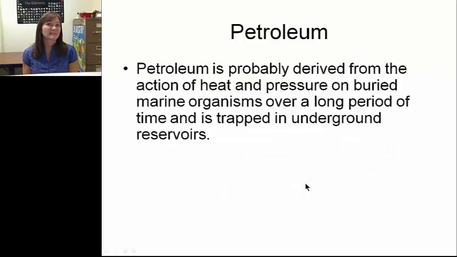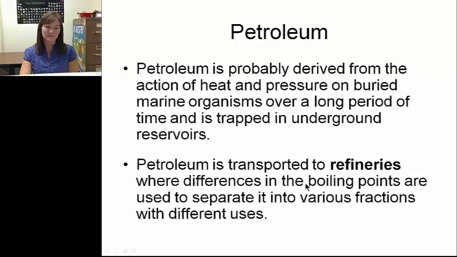Petroleum is thought to be derived from the action of heat and pressure on buried marine organisms over a long period of time, since there's no oxygen trapped under all the sediment. That much heat and pressure caused the marine organisms to decompose into the petroleum and then be trapped in these underground reservoirs.